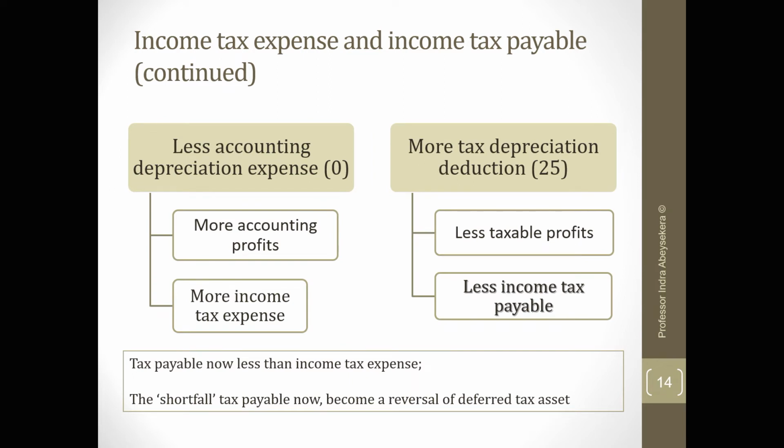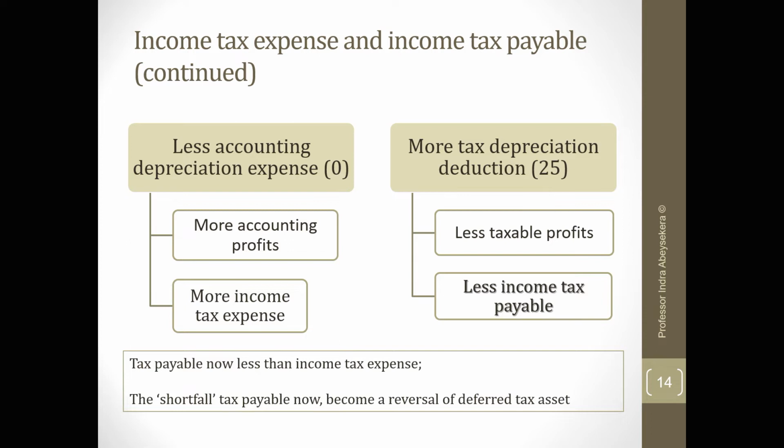If you look at the depreciation expense and the tax deduction, we find that there's more accounting profit. There's less accounting depreciation expense, which is zero, towards the end of the third and fourth year. And there's more accounting profit, so there's more income tax expense.